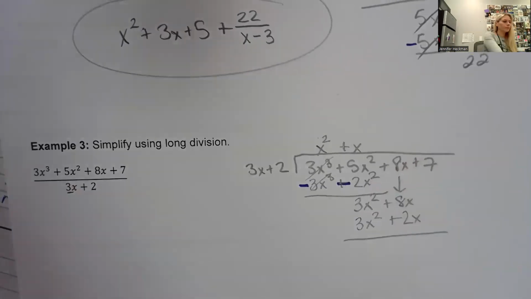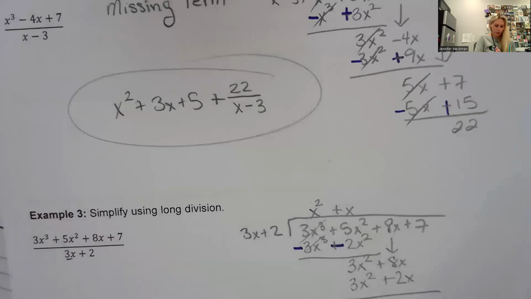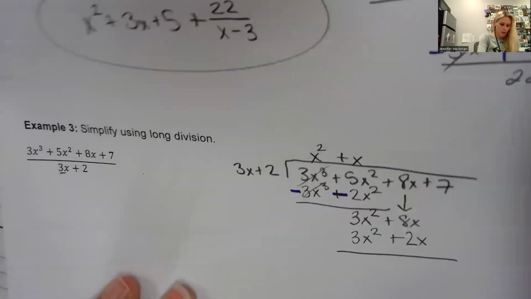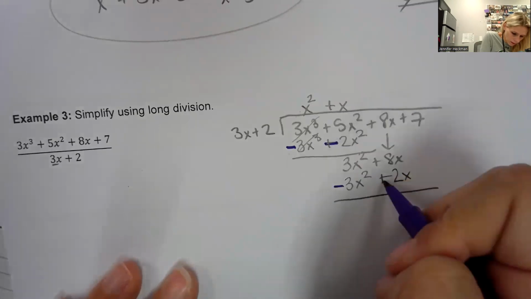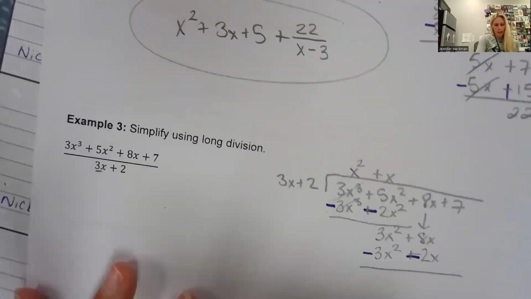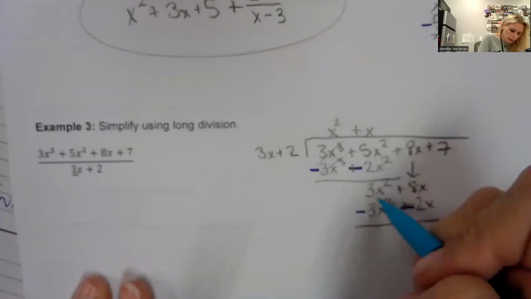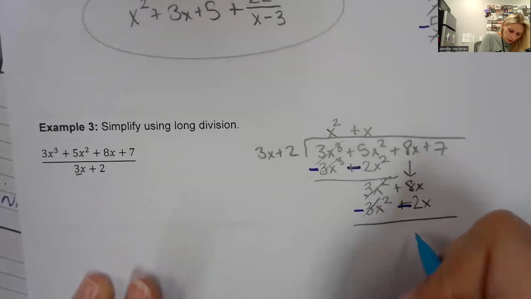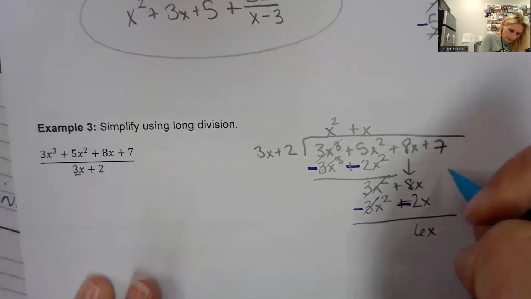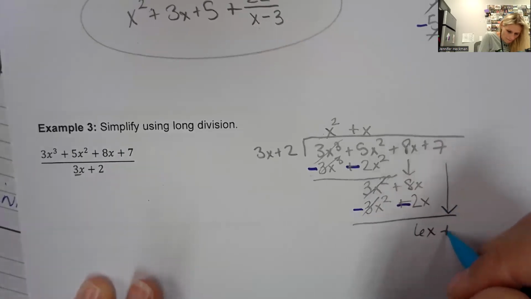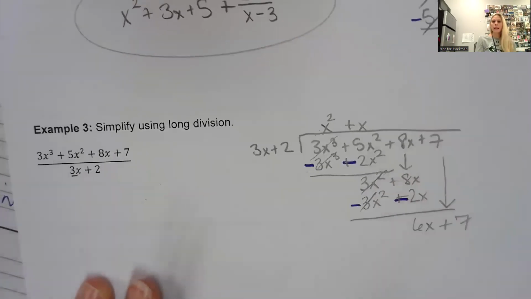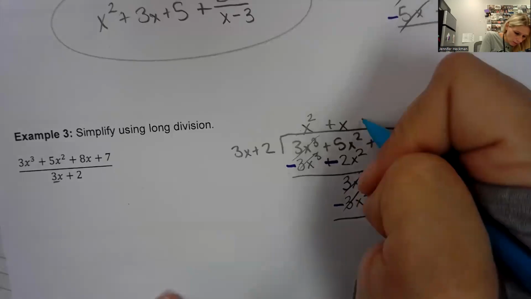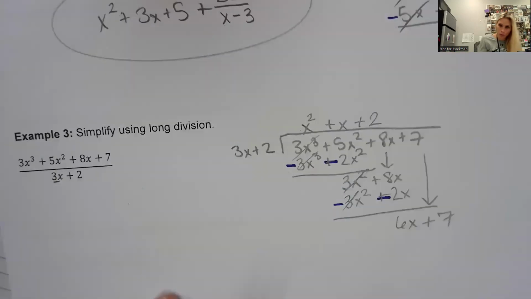Straight down. I'm going to change the signs, right? So I can add. So okay, that means these cancel. And 8 minus 2 is 6x. Bring down that 7. 3x times what is 6x? Well, that would be times 2.